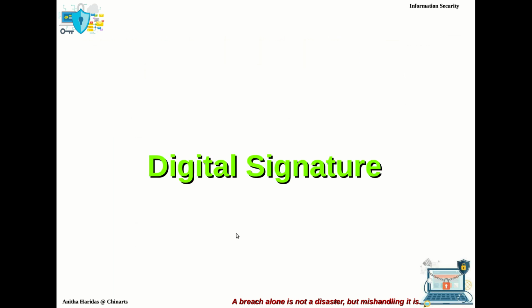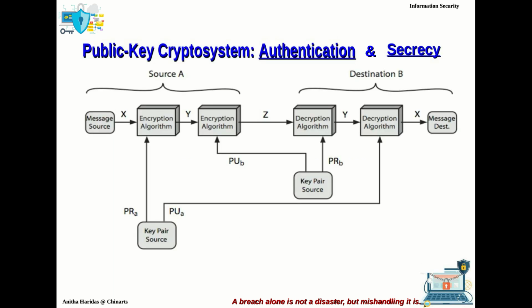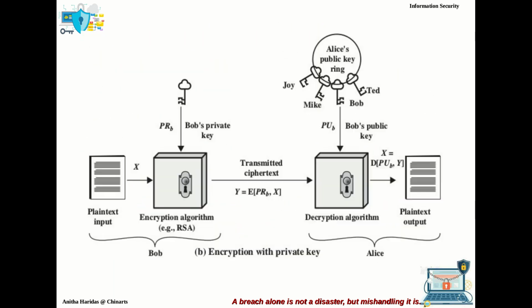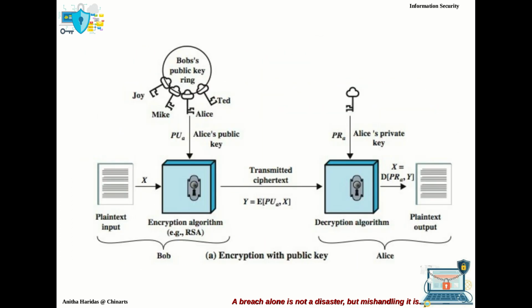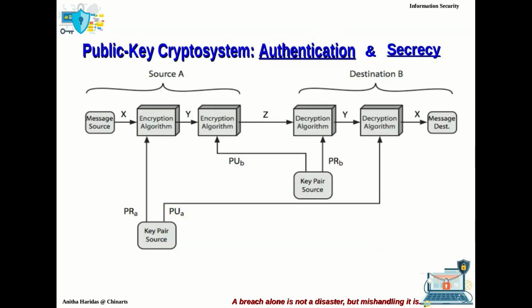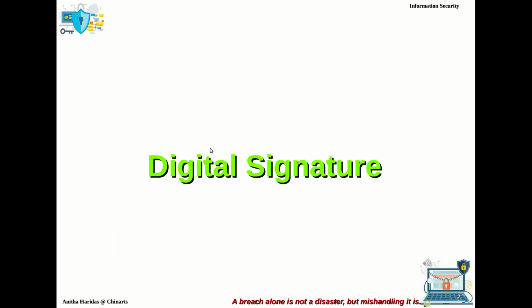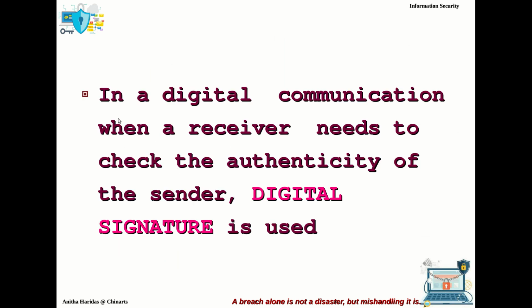This gives you an introduction to what a public key crypto system is, and we know that the digital signature is achieved using a public key crypto system. In a digital communication, when a receiver needs to check the authenticity of the sender, we use the digital signature.